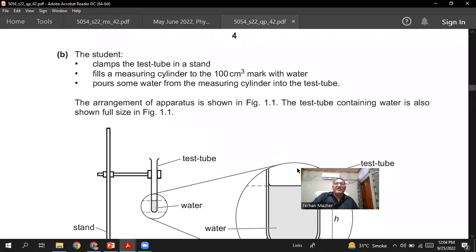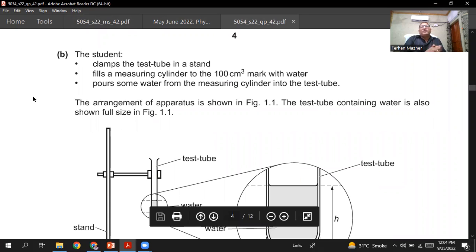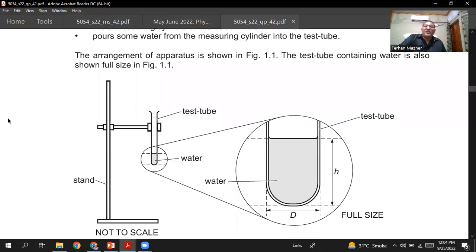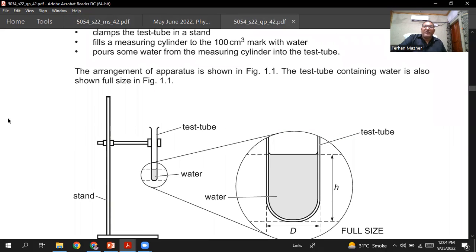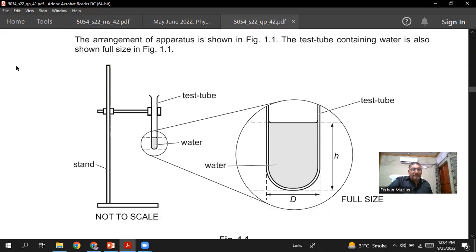He says the student clamps the test tube in a stand, fills a measuring cylinder to the 100 cm³ mark with water, pours some water from the measuring cylinder into the test tube. The arrangement of the apparatus is shown in figure 1.1, and the test tube containing water is also shown full size in figure 1.1.